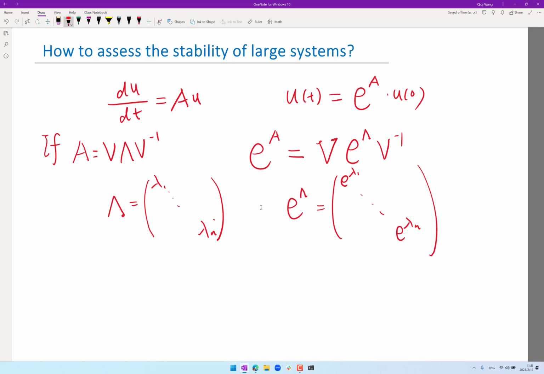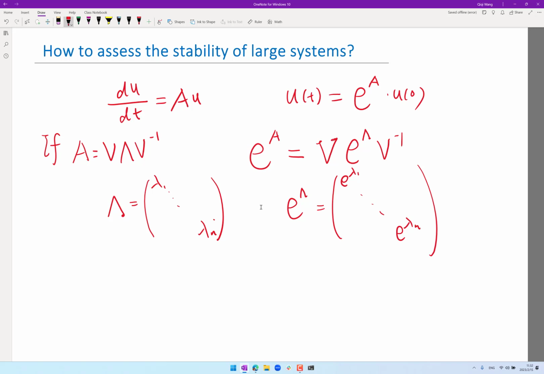Because they are separated into n scalar differential equations, each one is just da/dt equal to one of the lambdas times a. They have a solution that goes like exponential functions. Right? Okay.